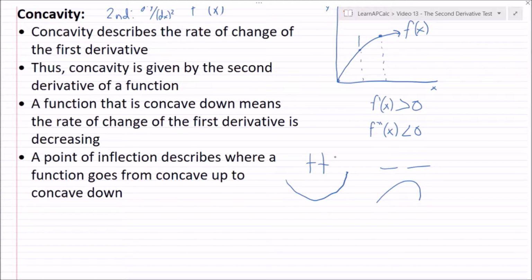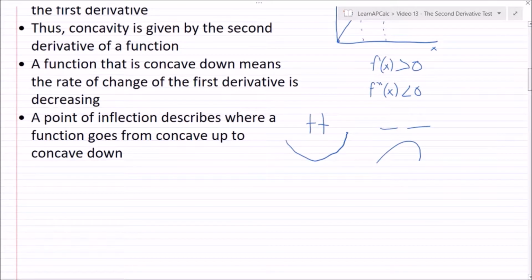But anyway, we also have another topic, and that is a point of inflection. So let's say that we go from concave up, happy, to sad. At some point here, we're switching from concave up to concave down.